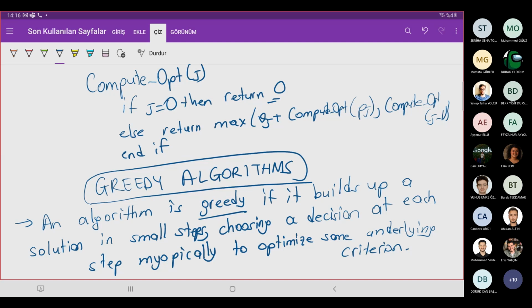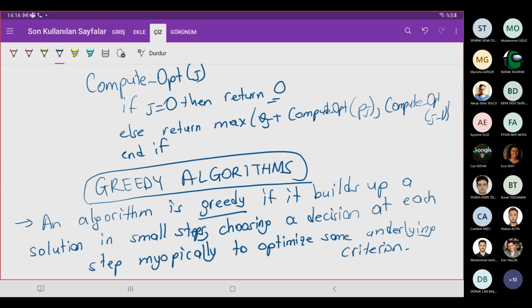Sometimes you have to make a decision and, according to your experience or logic, assuming that it's a rational decision, not an emotional decision, you take the step that seems to be more rational at that time, because you may not be able to foresee what you will see in the future. So greedy algorithms are very natural in that sense.